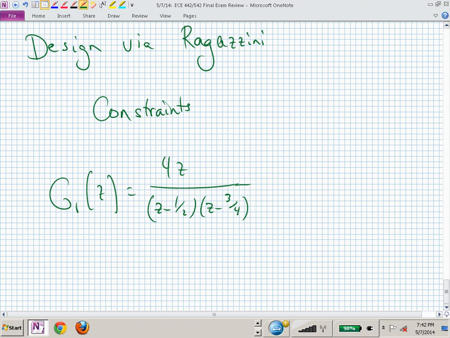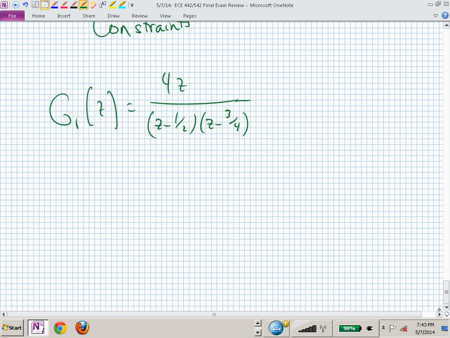If you don't, you need to make sure you start remembering for the final. We had 4 constraints or restrictions when we had Ragazzini. Are any of those in play for this plant? So now I guess you just have a yes, no, huh? Flip a coin. How many are saying yes?